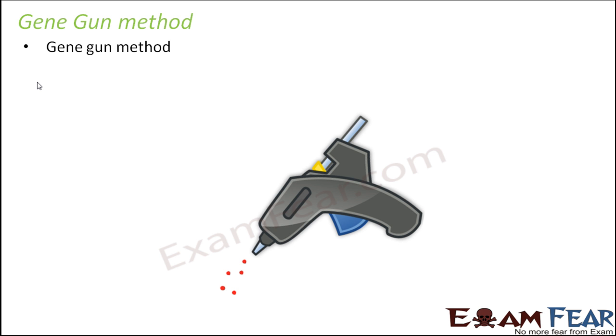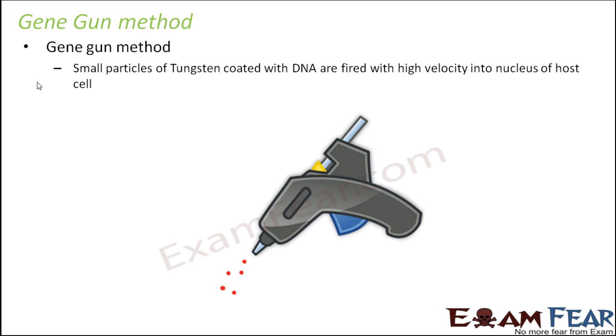So what happens in the gene gun method? In this method, small particles of tungsten coated with DNA are fired with high velocity into the nucleus of the host cell. That is how it is directly injected into the host cell. You have a gun-like structure where these small particles of tungsten come out with very high velocity.